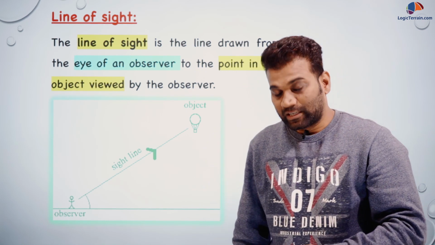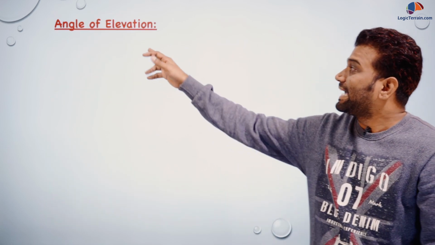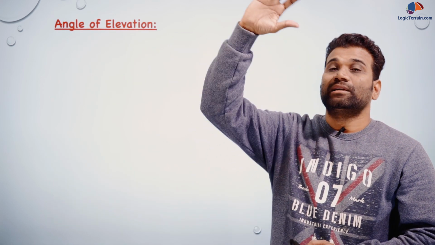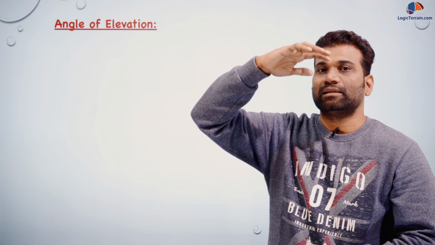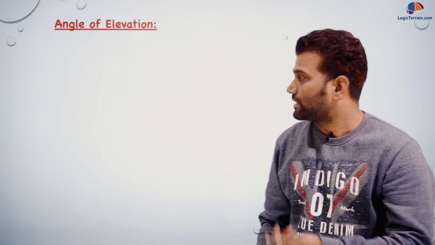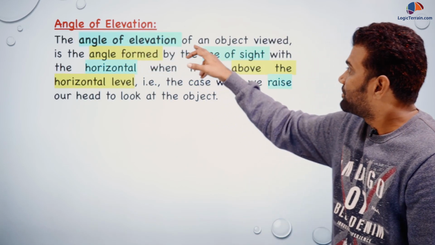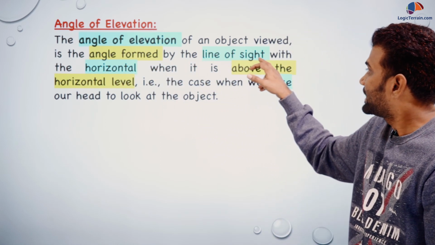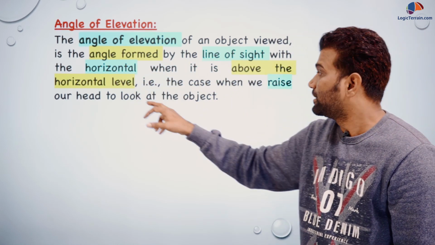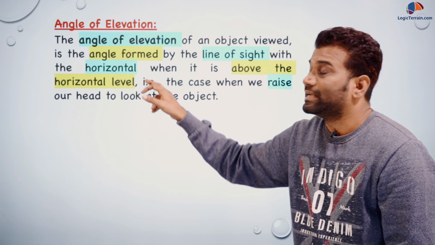Now next, angle of elevation. For example, if the object is above your eye level, then the angle you make with your head to see that object is called the angle of elevation. The angle of elevation of an object viewed is the angle formed by the line of sight with the horizontal when it is above the horizontal line.